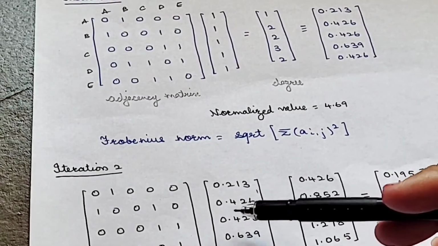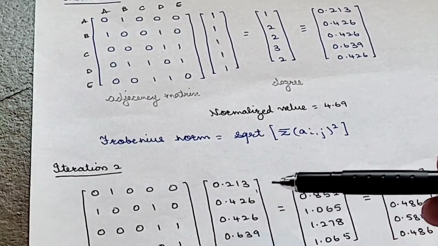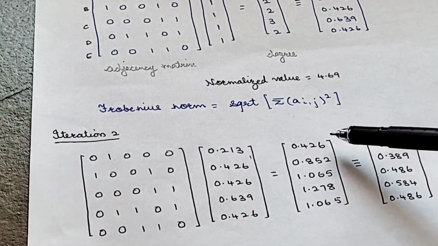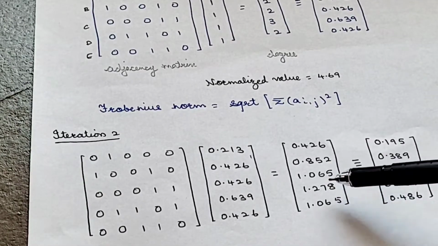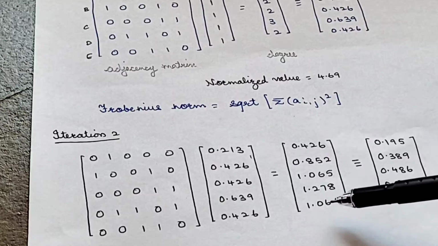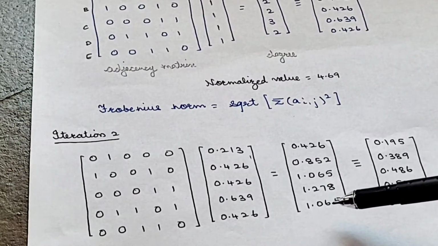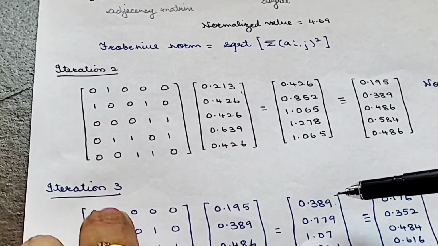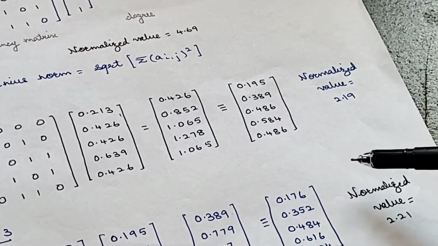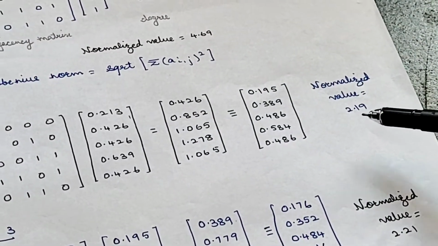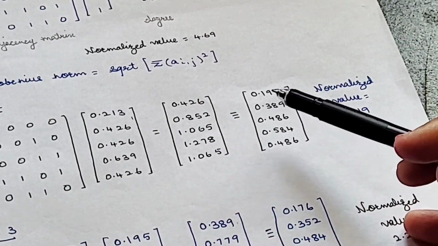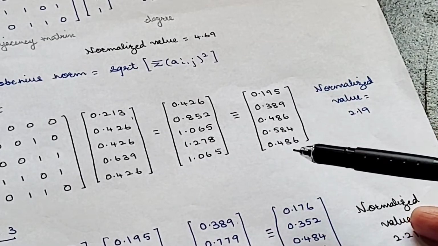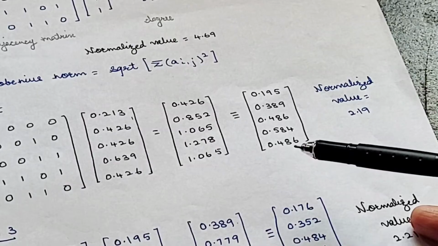Perform a matrix multiplication over here and you get these values. Again square all these values, take a summation of these values and then find out its square root. You will be getting a normalized value of 2.19. Now divide each and every value by 2.19. You will be getting this value. This is your matrix for iteration 2.